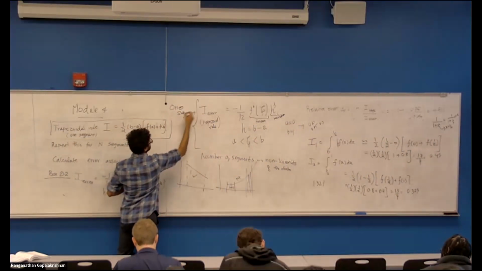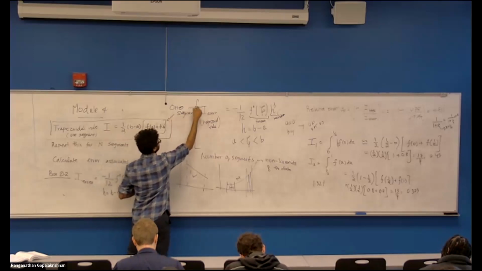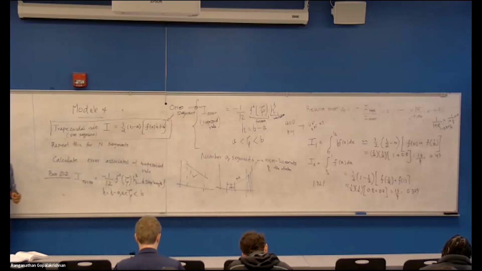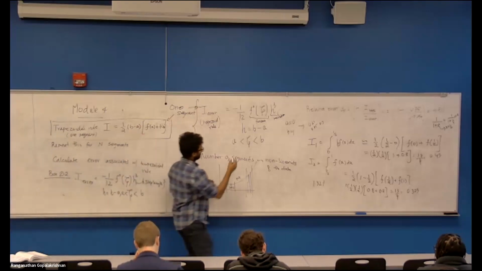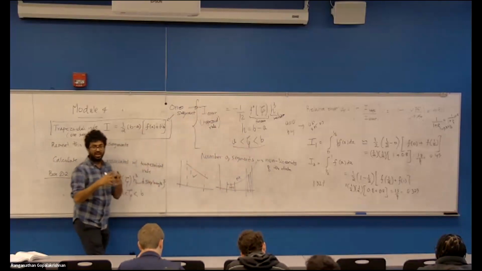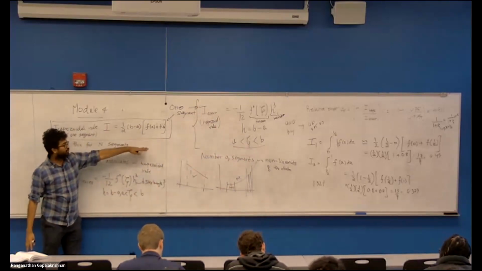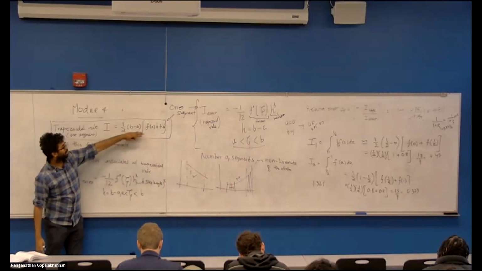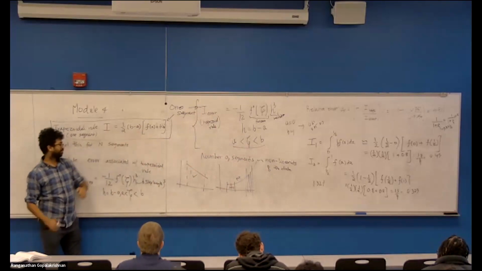We are going to see a version of this formula when you apply it for n segments, where you take any interval, say between a and b, and if you divide this into n segments, we are going to just derive a formula, which you can also use without having to do this manually each time.